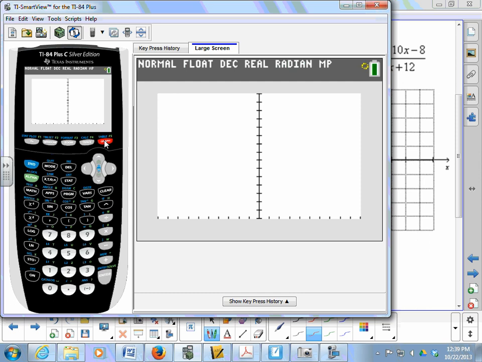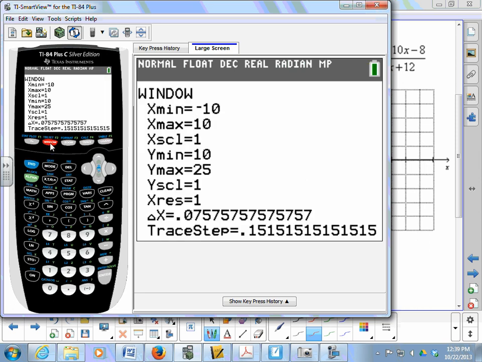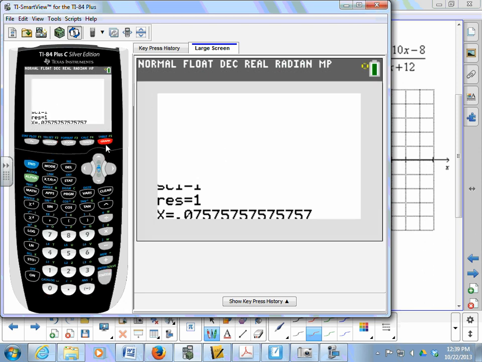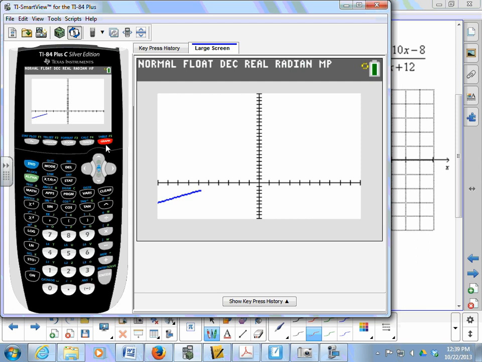Okay, didn't like what I just did. Smarter than I thought it was then. All right, here we go. Now we can see both parts of the graph.